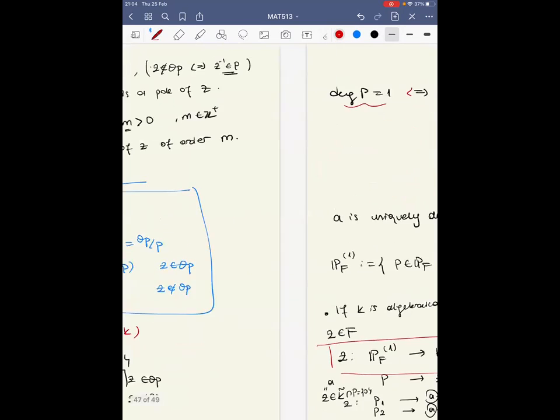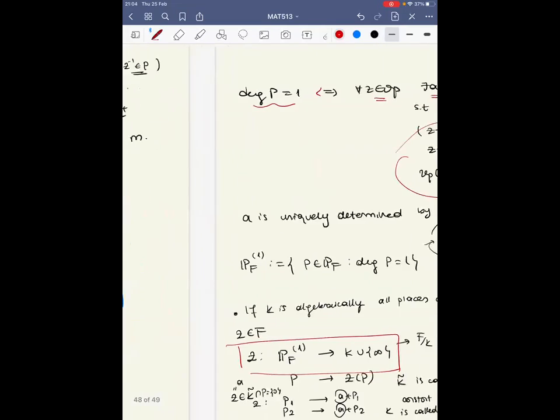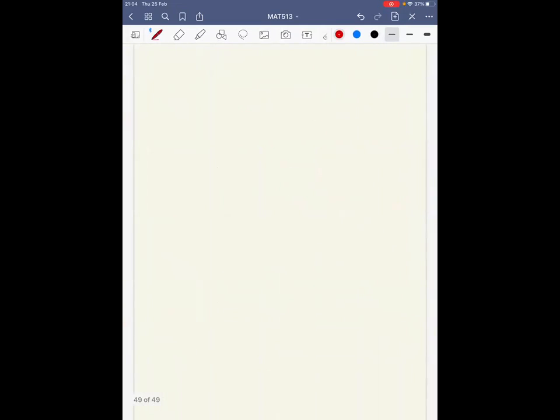However, in the residue class map, we have a general tool, so we may consider the evaluation concept at any place. We still don't know whether we always have degree 1 places.